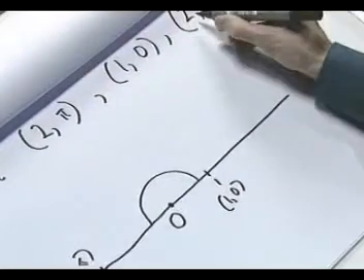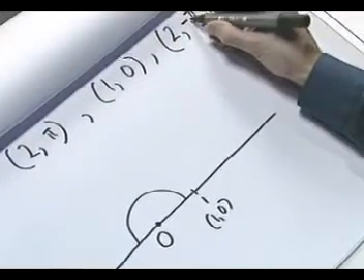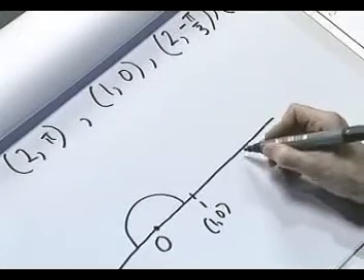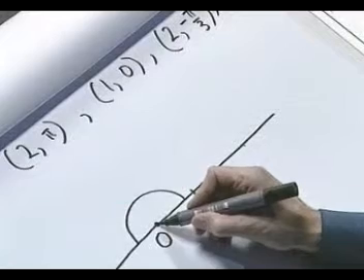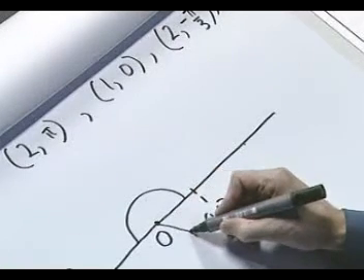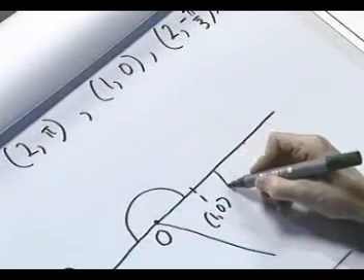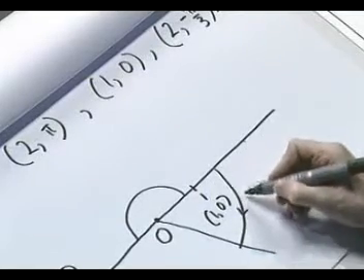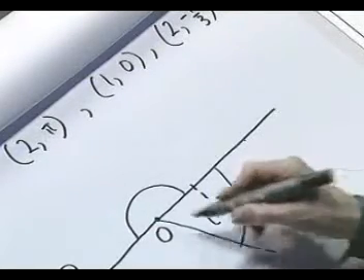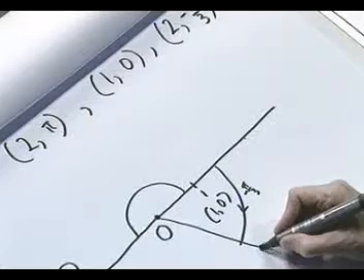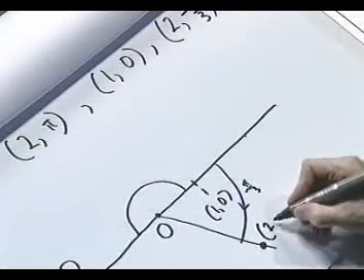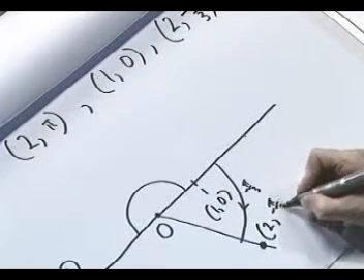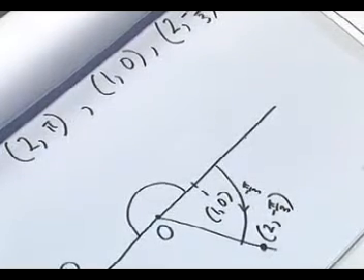2, minus pi by 3. Well, minus pi by 3 means come round this way. So minus pi by 3 is about there, and we want to come out a distance 2, so that's roughly 2 out there. So this would be the point 2, minus pi by 3.